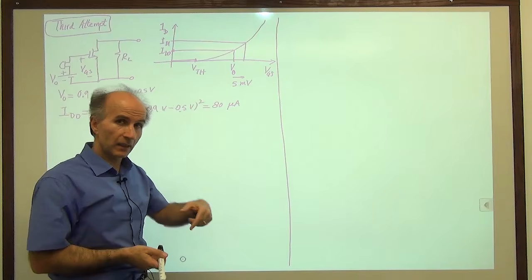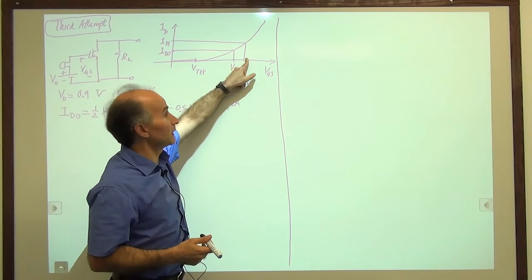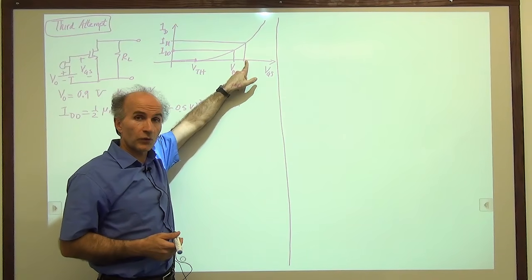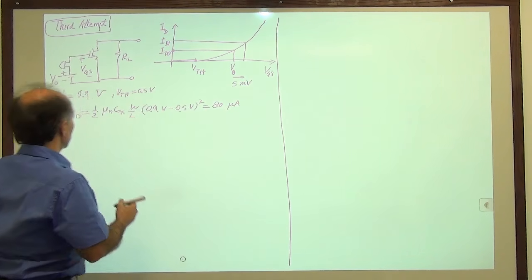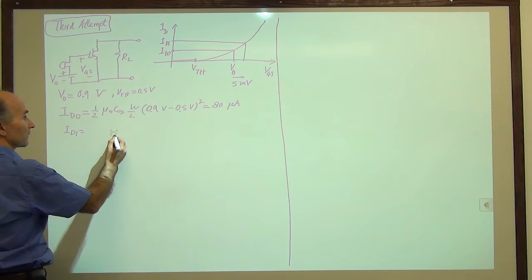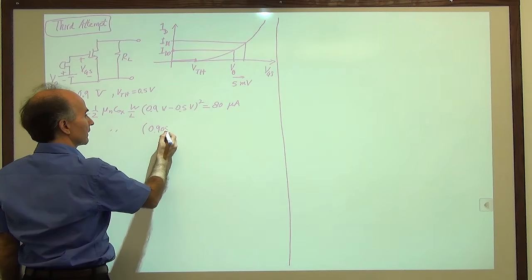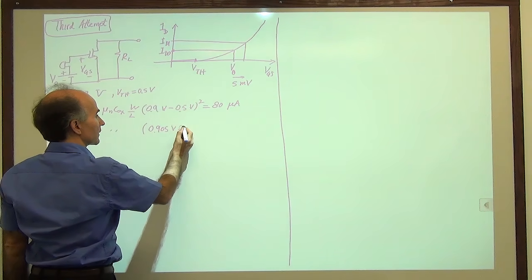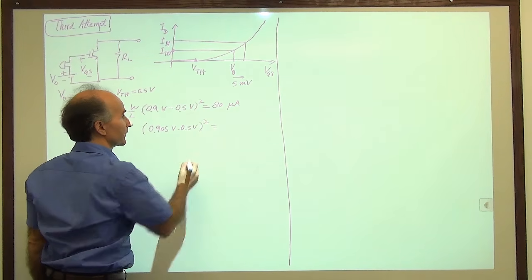Now the signal comes in, it perturbs things. So it perturbs VGS by 5 millivolts. So VGS now goes to 905 millivolts. All right, so then ID1 is calculated as 0.905 volts minus 0.5 volts, squared, right?